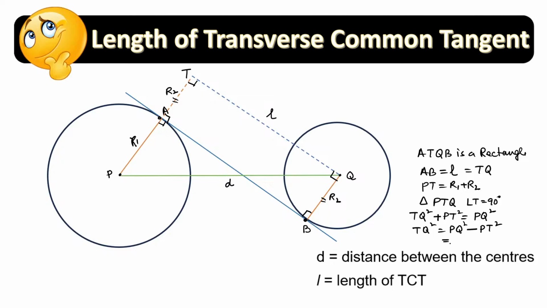What is PQ square? It is D square. What is PT square? It is (R1 plus R2) whole square.